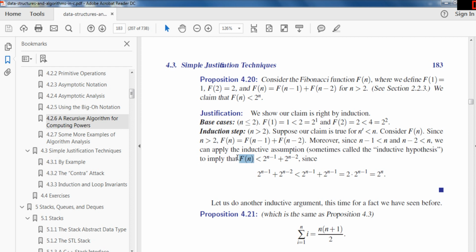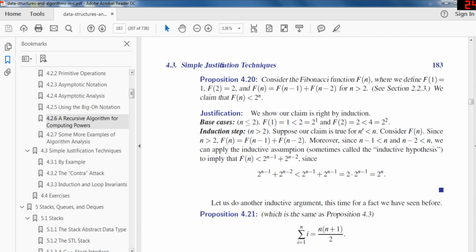Because assuming that this is true, that f of n is less than 2 to the n. So by substituting the next value, once we assume that this is true, right? Suppose that the claim is true. Once we assume this, we just have to prove that the next value is true.